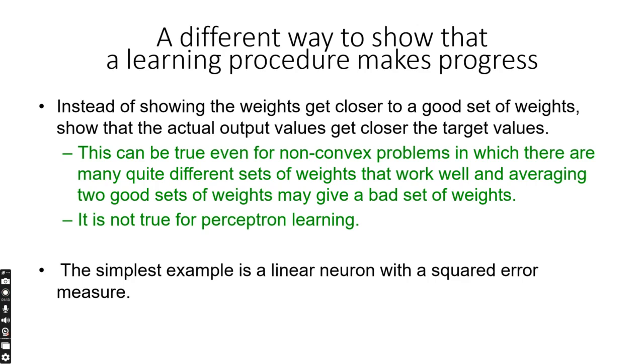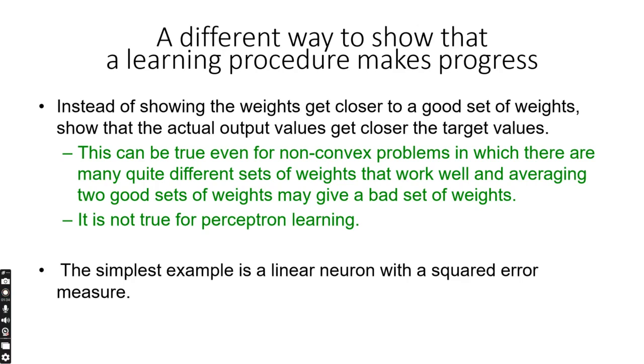Now, what are the different ways to show that a learning procedure makes progress? Instead of showing the weights get closer to a good set of weights, we can show that the actual output value gets closer to the targeted value. That is our ultimate aim.